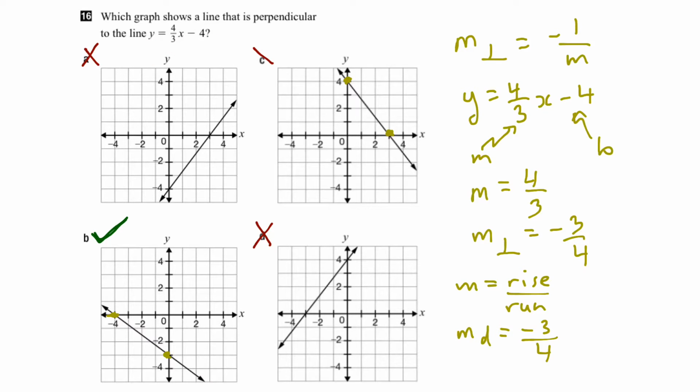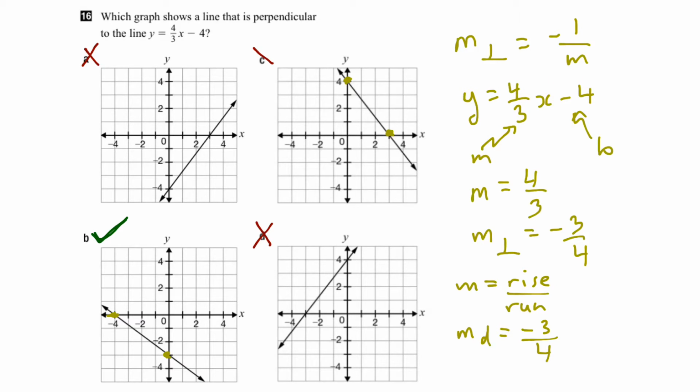Now, if you wanted to double check, what we can do is graph the line y equals 4/3 x minus 4 on this axis and see if these lines actually look perpendicular. Remember, up here we've got the slope of 4/3 and the y-intercept of negative 4.